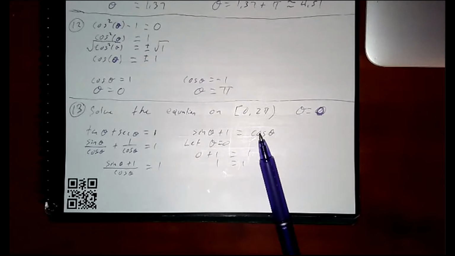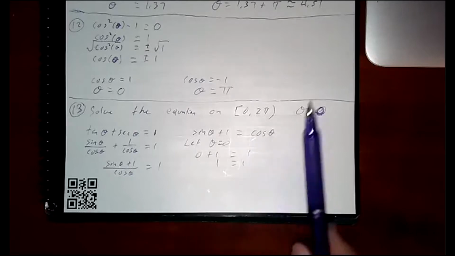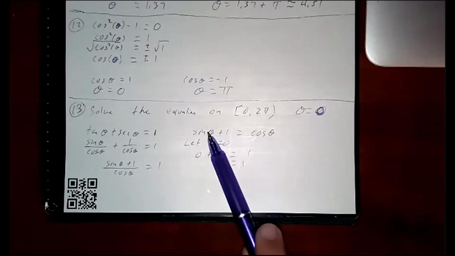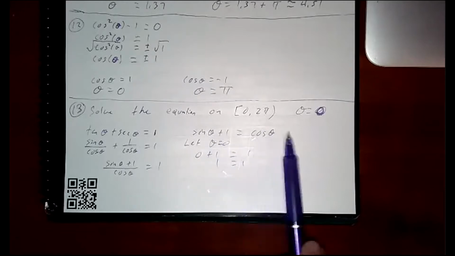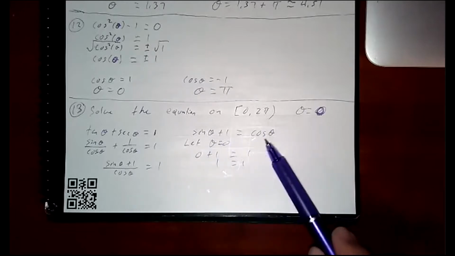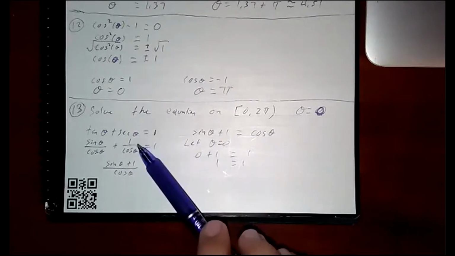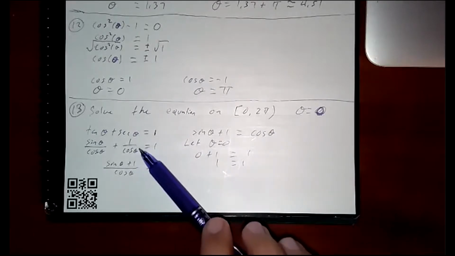I'm confusing myself. Oh, right. 3 pi over 2 would be 0 for cosine. 3 pi over 2 for sine would be -1. So yeah, you would get this equality. So technically it works for this equation that I made. But it does not work for the original because it gets division by 0.